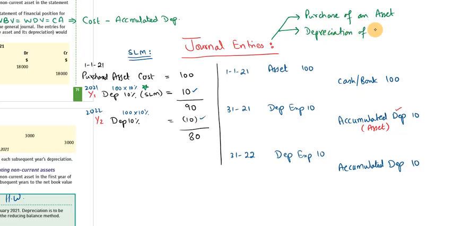The third entry will be based on disposal. Disposal means when we sell our asset. That will be discussed later. So here we discuss the two journal entries. The first one is related to purchase of an asset, and the second one is related to the depreciation of an asset.